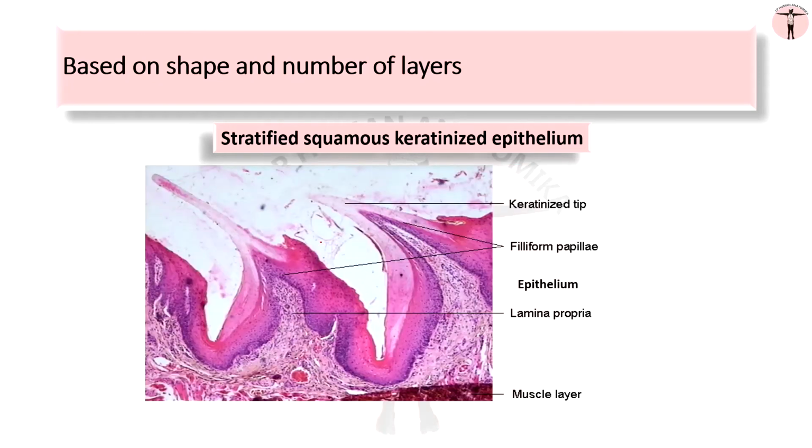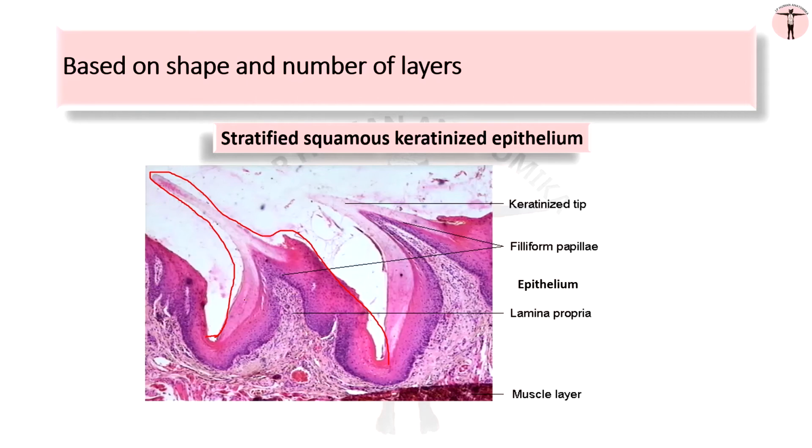Here we can see the picture of the section of papillae of the tongue. This surface projection with the sharp pointed end is the filiform papilla. We have heard of three types of projections on the surface of the tongue: filiform, fungiform, and circumvallate papillae, right?